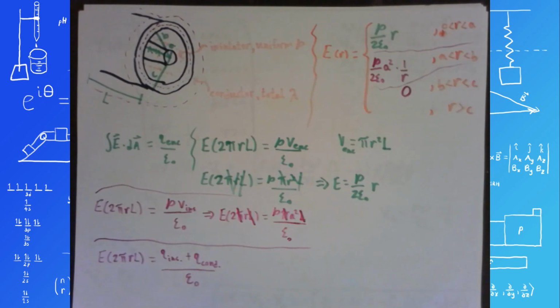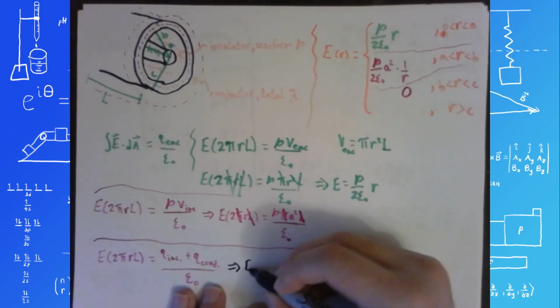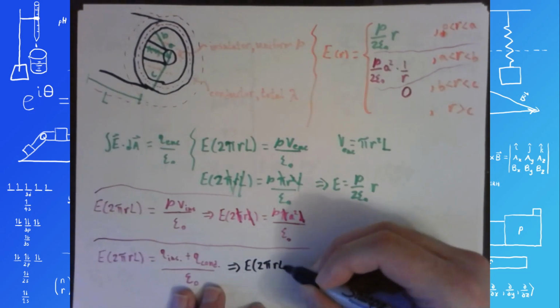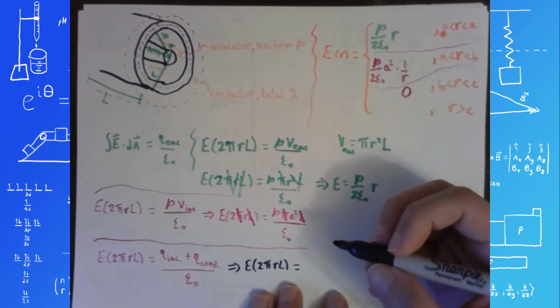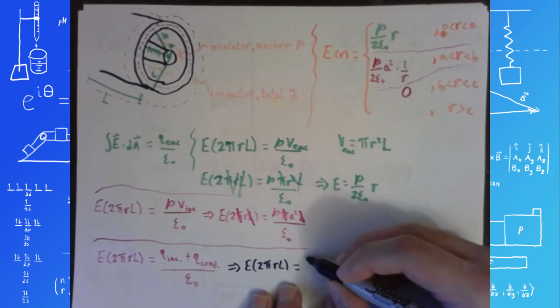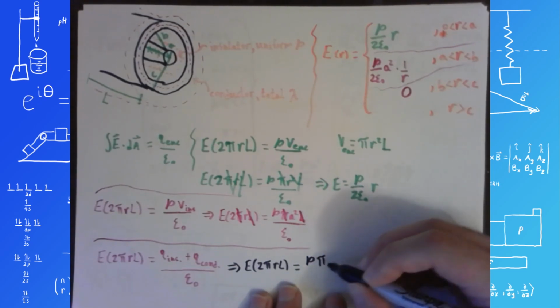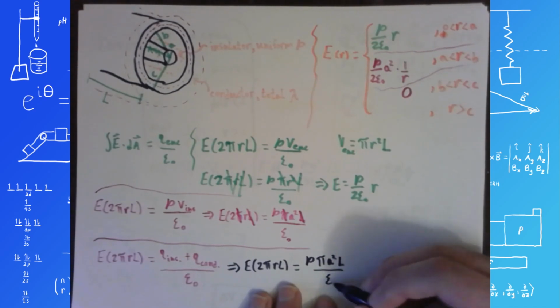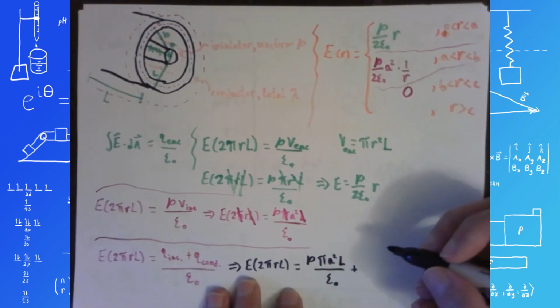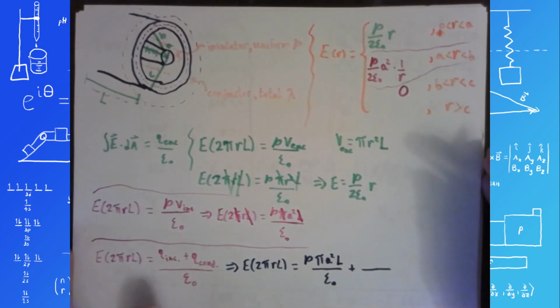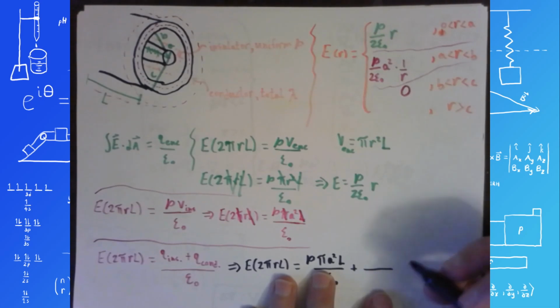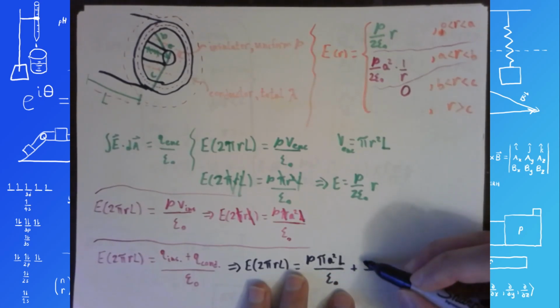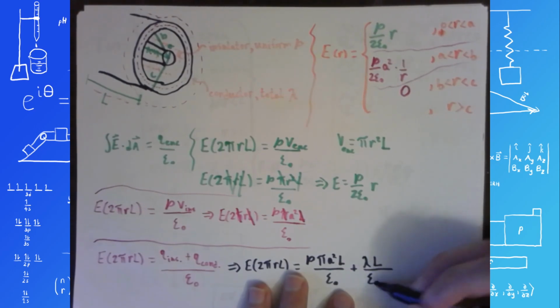So E times 2 pi RL equals, for the insulator, rho times pi a squared L over epsilon naught, and then plus, for the conductor, we had a linear charge density, so I'm going to say lambda times L, and then all that over epsilon naught.